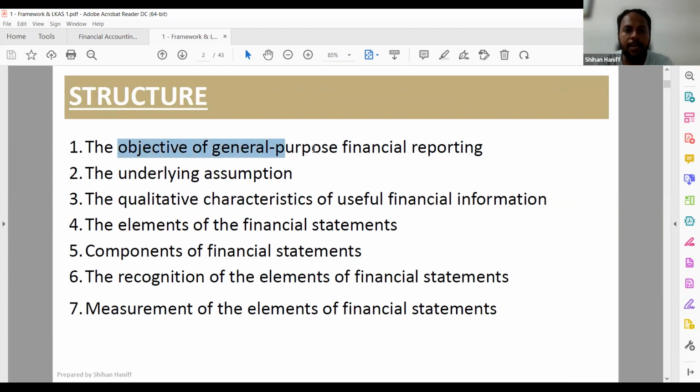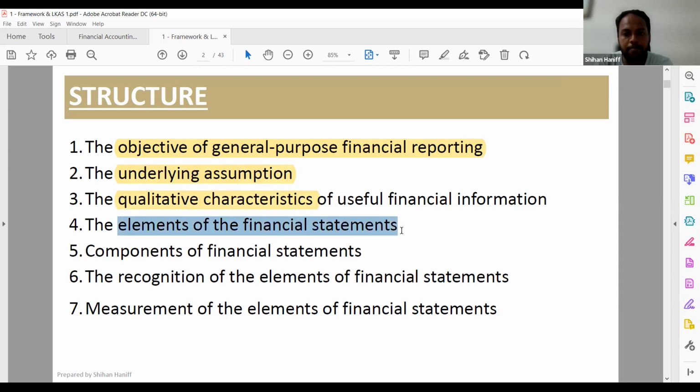Number one, objective of general purpose financial reporting, simply objectives of financial statements. Number two, underlying assumptions. Qualitative characteristics, which I already explained.